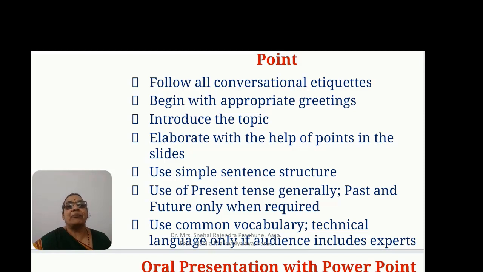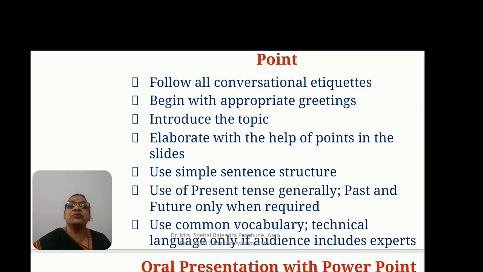Now, begin with appropriate greetings depending upon the time of the day and the type of the audience. As we have already seen in comparing, a similar sort of knowledge has to be had in presenting a PowerPoint presentation also.